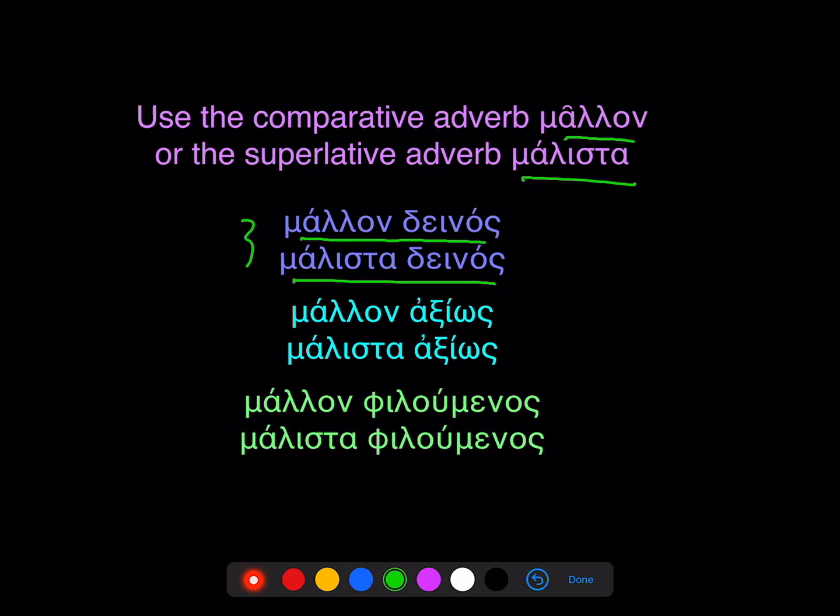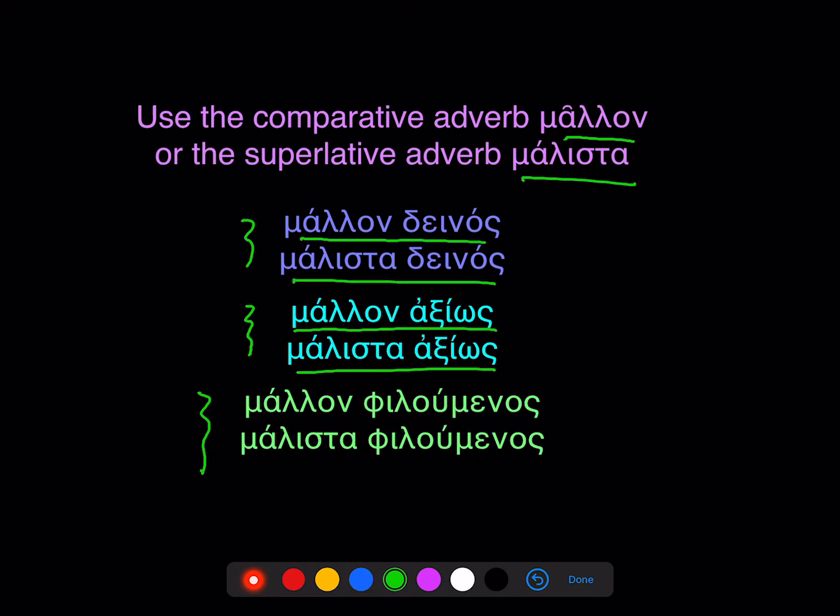Okay. Now let's look at examples with a positive degree adverb. Malon axios, more worthily, rather worthily. Malista axios, most worthily, very worthily. Finally, let's look at an example with a participle.